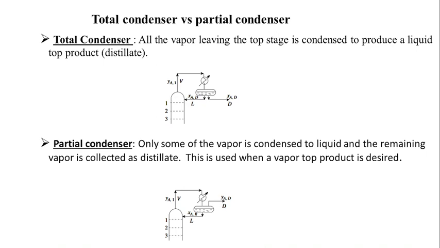The non-condensed vapor goes off, so quite naturally the liquid and vapor which leave the vapor space of the platform are expected to be in equilibrium. Yes, that's true.